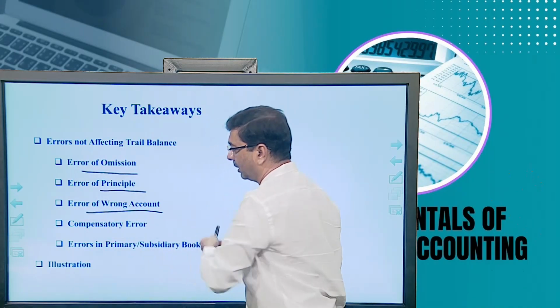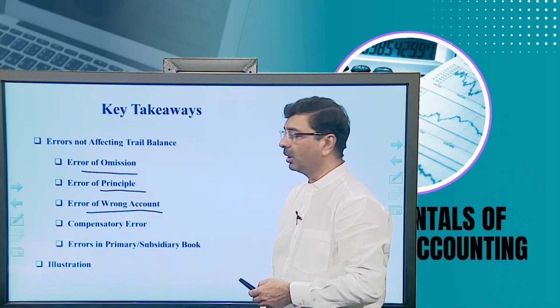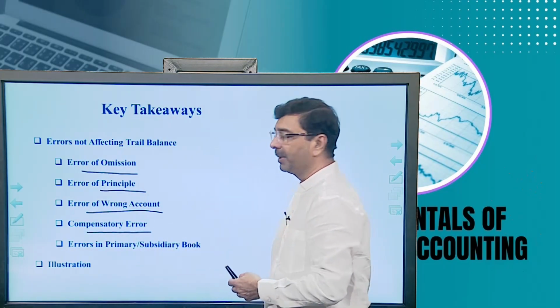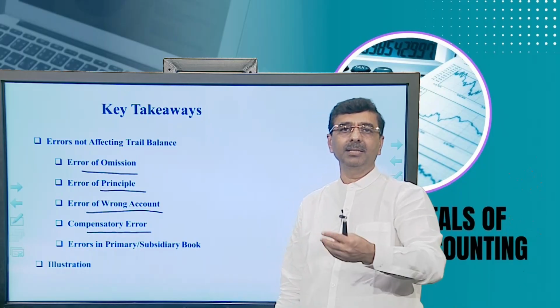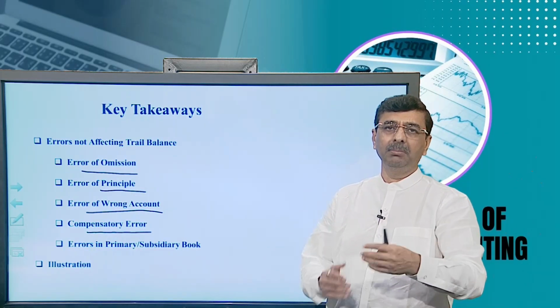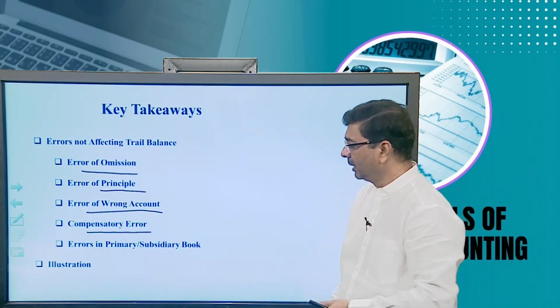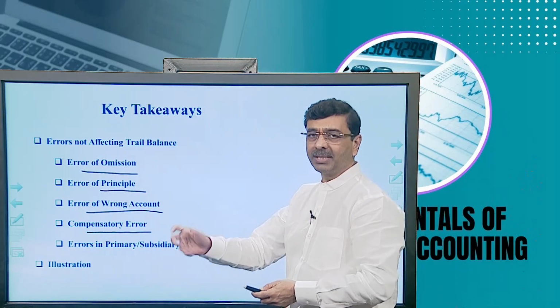Then it was recorded in the books of accounts with the wrong amount, or maybe it's considered in some other error also. Compensatory error, that means simultaneously some errors happened, maybe errors with the amounts as well as the account also, so that errors compensate each other.